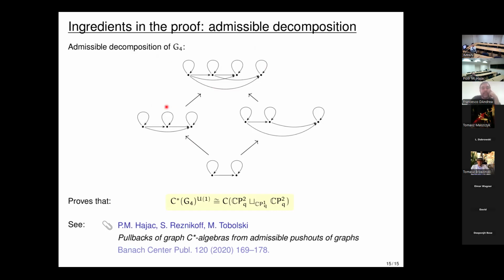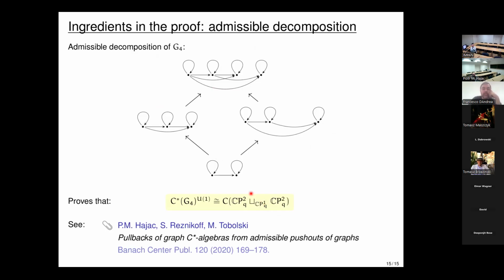On the left, this is the graph of the quantum 5-sphere, whose core is CP2Q. On the right is the same. I mean, the picture is a little bit different, but you can see that left and right, these are the same graph. So on the right, you have another copy of CP2Q. And on the bottom, you have the core of SUQ2, which is the CP1Q.